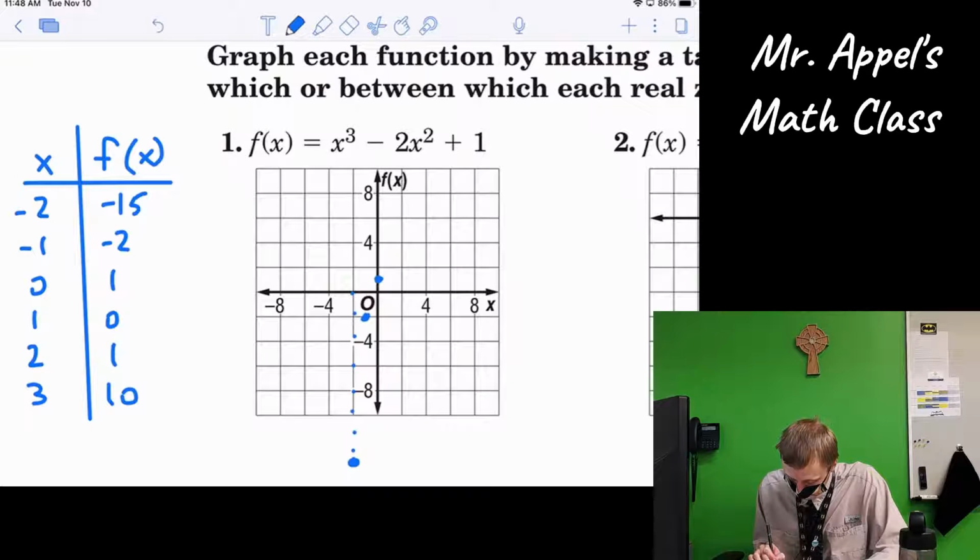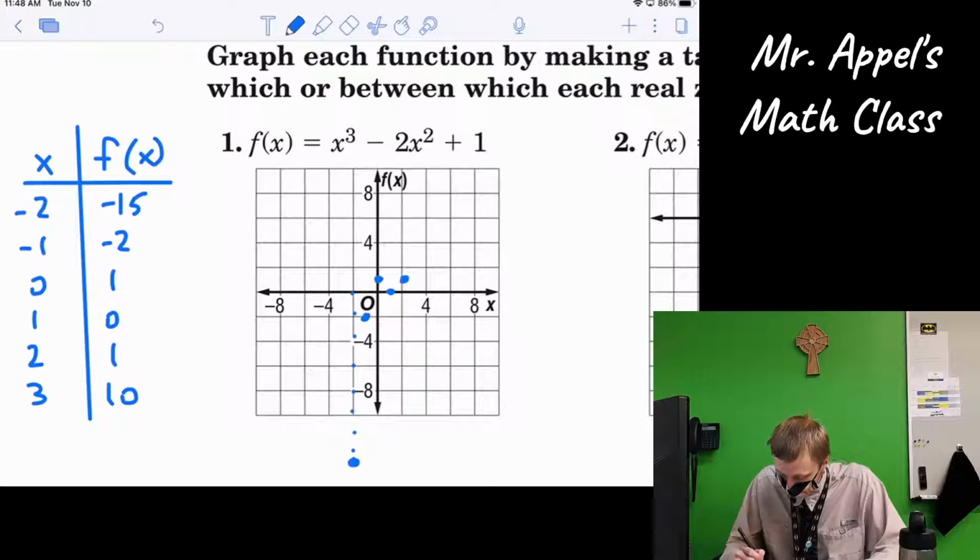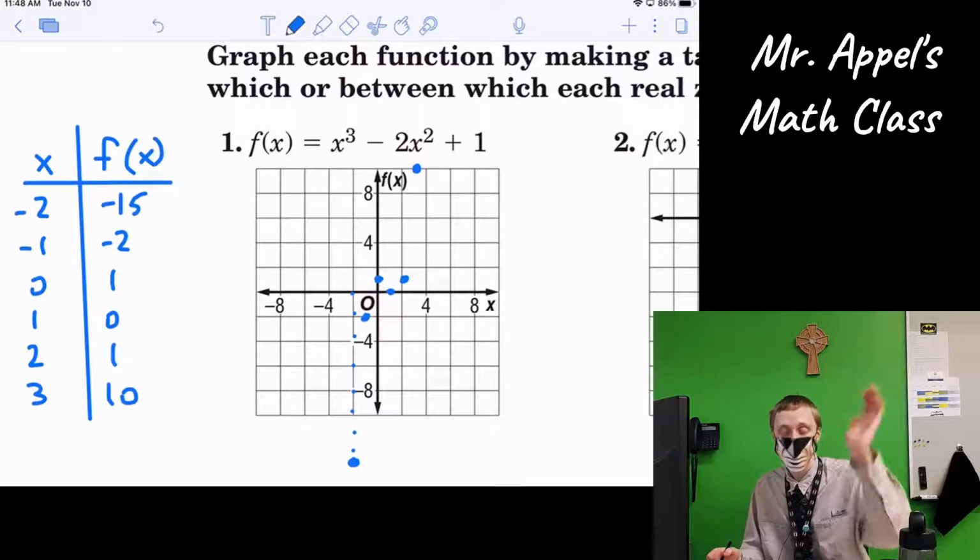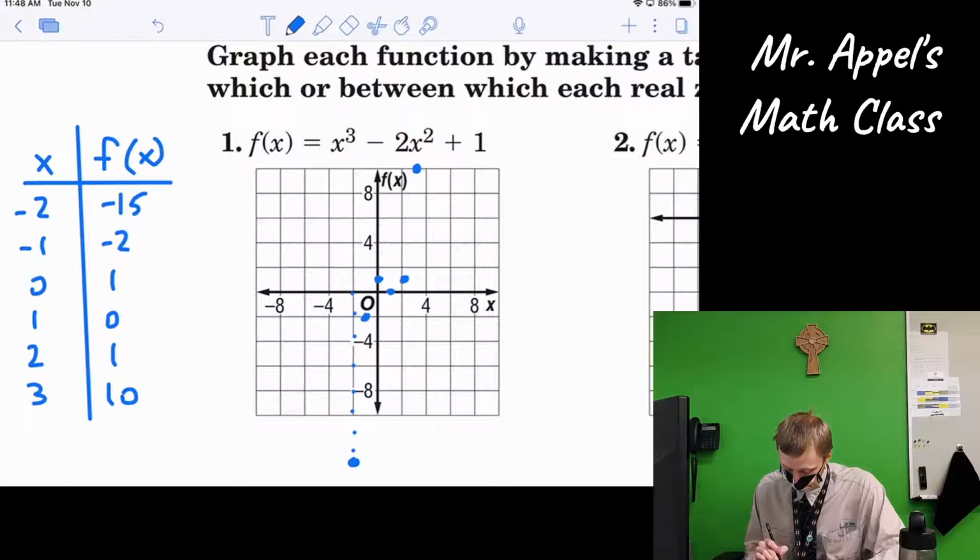And 1 is at 0. Oh, see, so it's coming back down. 2 goes back up to 1. It's a dot there. And then at 3, we go all the way to 10. So that helps solidify it. Yeah, it's taking off there. We can see that.